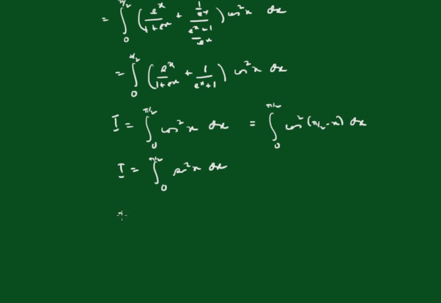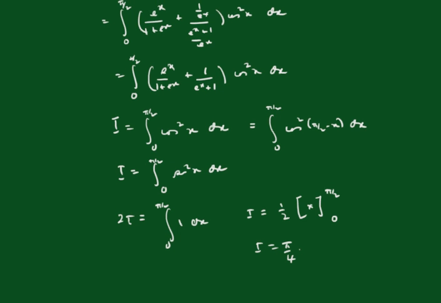If we add those two together, we get 2I equals, obviously when you add those two together, you get 1, the integral between pi upon 2 and 0 of 1 dx. So I equals 1/2. Now when you integrate that, you get x between pi upon 2 and 0. So I is equal to pi upon 4. Or you'd use a double angle. Just a variation of what you normally would do.